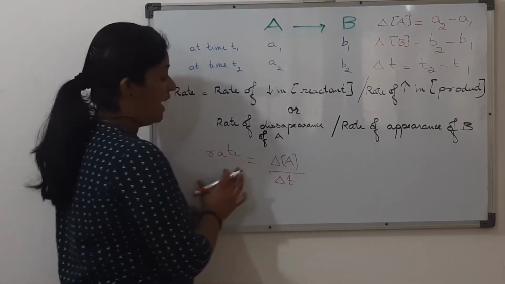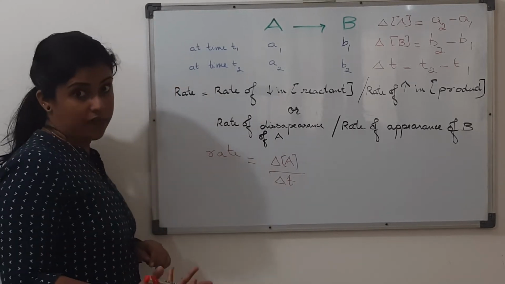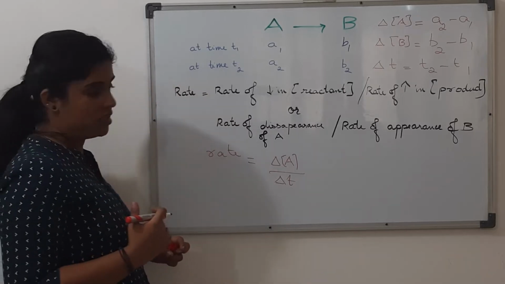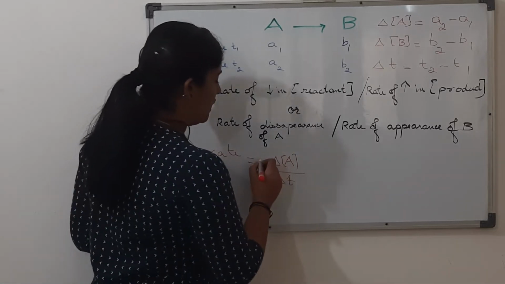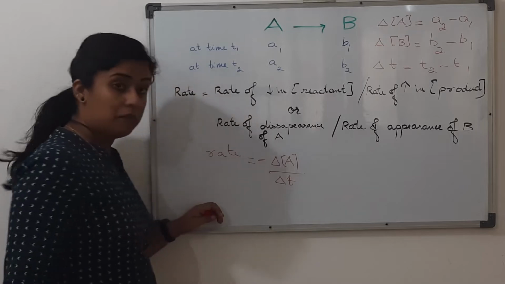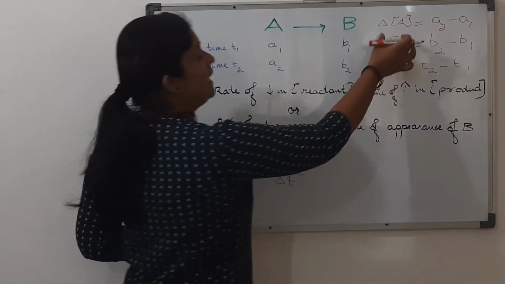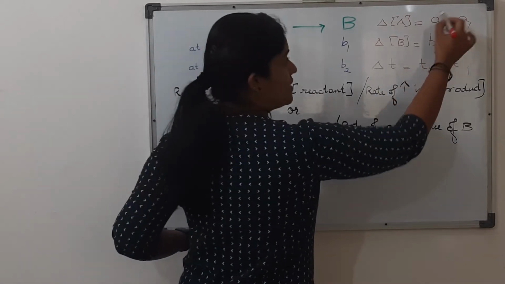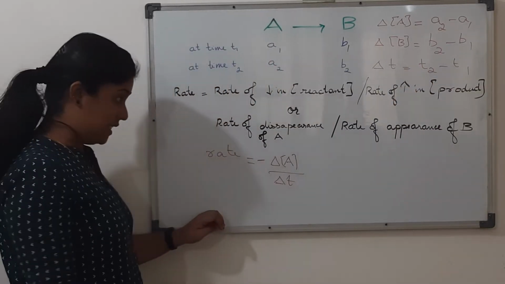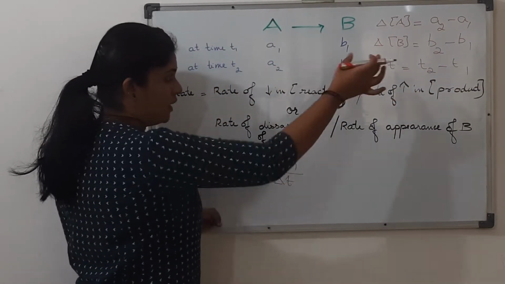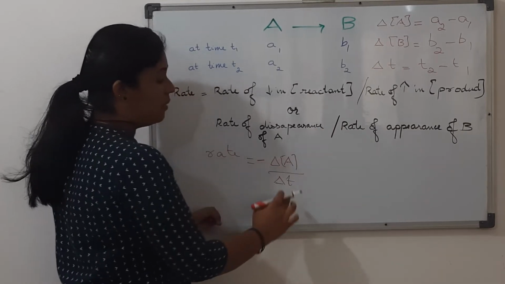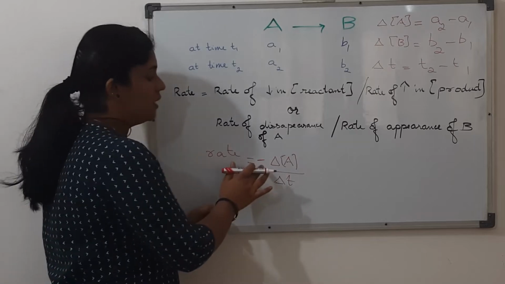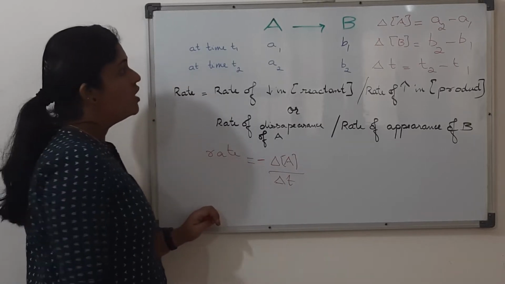Now, rate is always a positive quantity, right? You can't have a negative rate. So you just multiply this with a -1, because delta A, A2 minus A1, is a negative quantity. So when I put that value here, this whole thing, delta A by delta T, will be negative. And to make it positive, I multiply this with a -1.